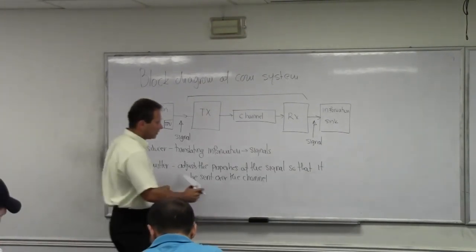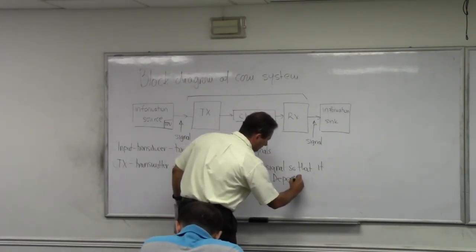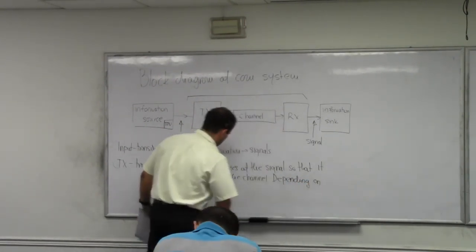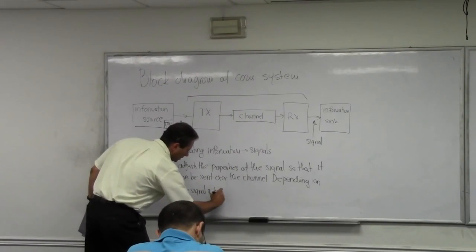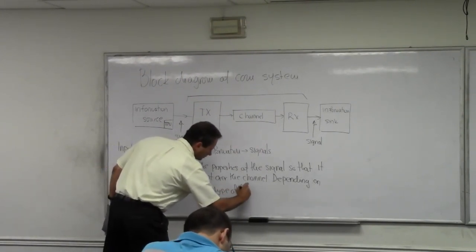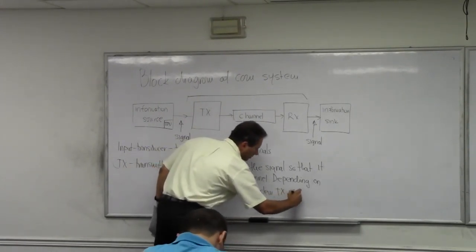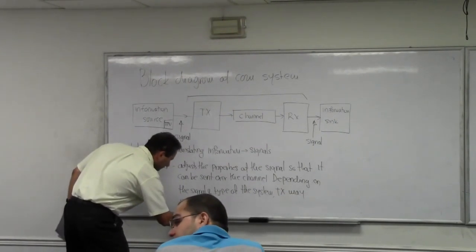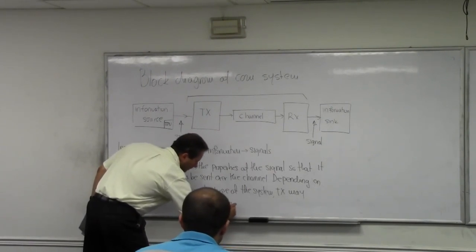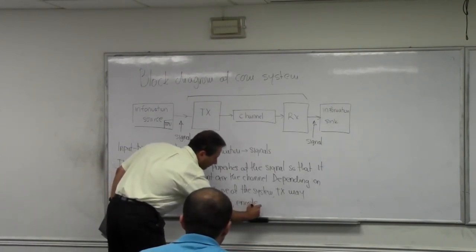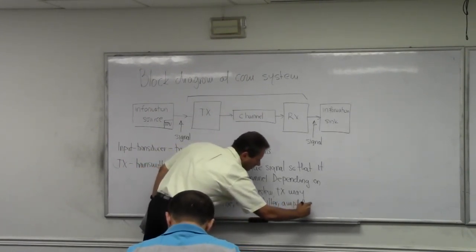So I guess depending on the signal and the type of the communication system, the transmitter may sample, quantize, encode, filter, amplify, and so on, right?